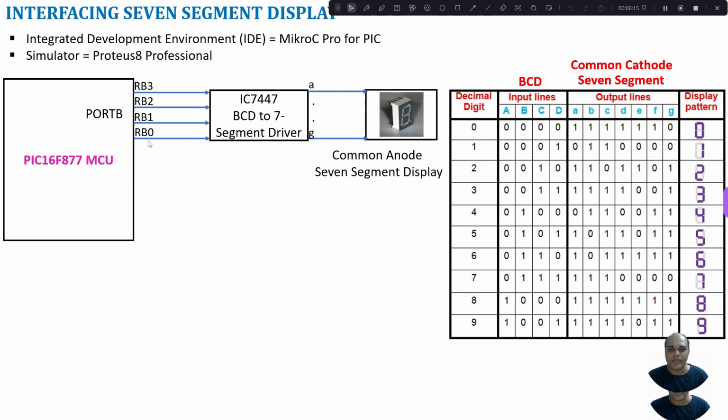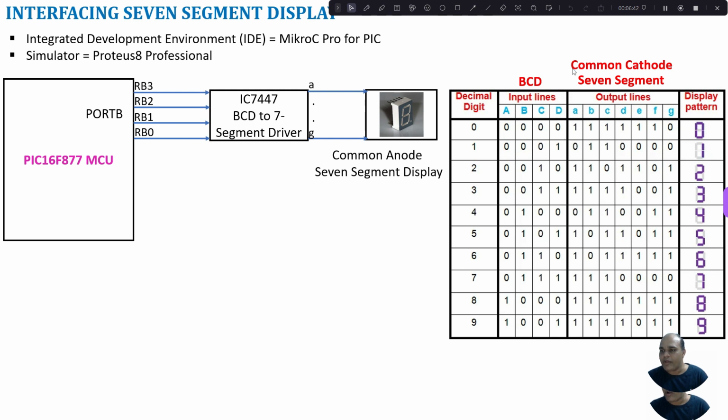RB0 to RB3 will provide the BCD inputs and the corresponding 7 segment output will be obtained from the IC7447 and it will drive your 7 segment display. Here I show a table representing a decimal digit 0. Its corresponding BCD input is 0000.